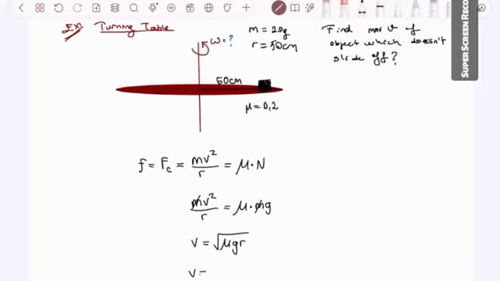And this would give me 0.2, which is given as the coefficient of friction in this question, times 9.8 times the radius, which, be careful, is given in centimeters, so I have to convert that into meters. This would simply make 0.5 meters. And if I do these calculations, I would find v as 1 meter per second.